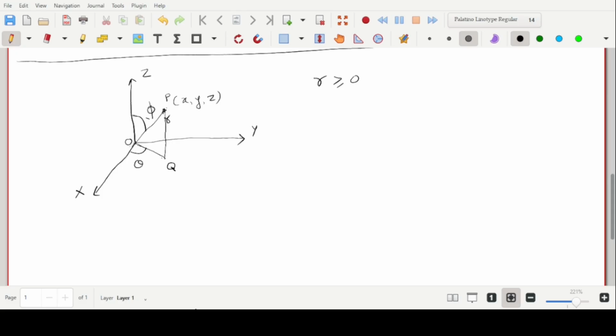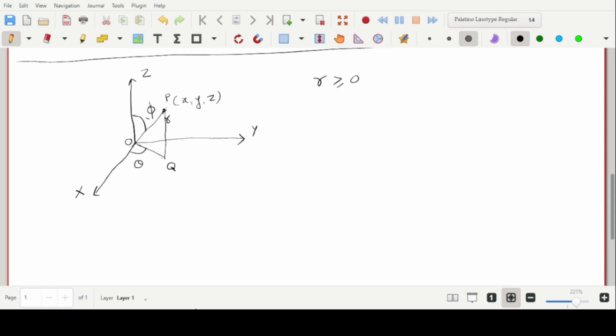So r is greater than or equal to 0, and it can increase indefinitely. So these are the limits of r. So r is not bounded above, it is only bounded below. Alright. Now what are the values of theta and phi?